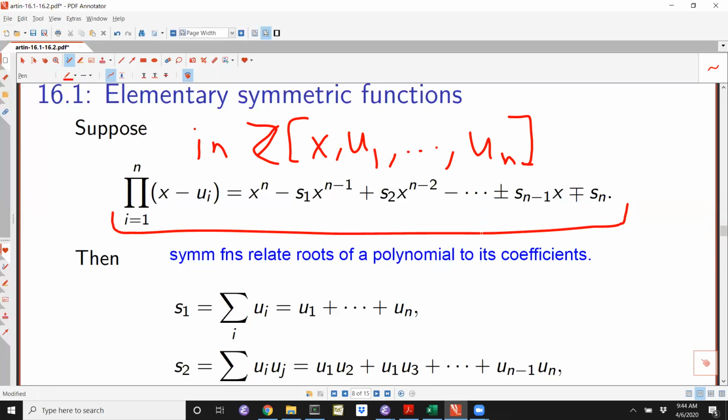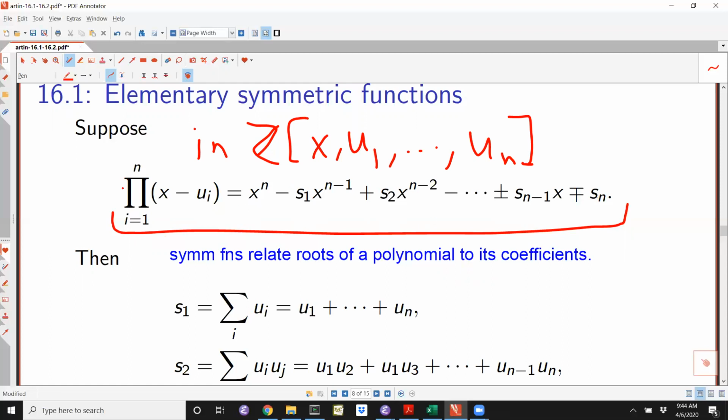It's actually literally symbol pushing, in a good way. We can define the elementary symmetric functions s1 through sn as follows. You take the product of all the polynomials x minus u sub i, as i runs from 1 to n, and you collect terms.